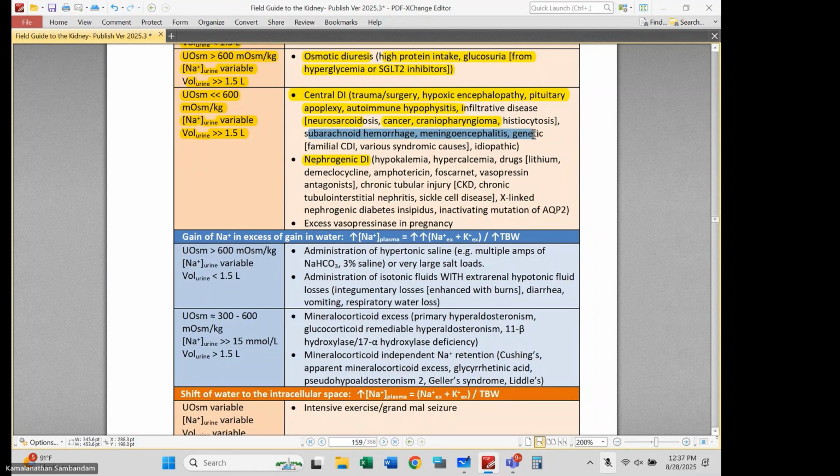Subarachnoid hemorrhage, meningoencephalitis are other scenarios that can cause central DI. These are also scenarios in which you can get SIADH, so both physiologies can manifest, as well as the cerebral salt wasting syndromes.